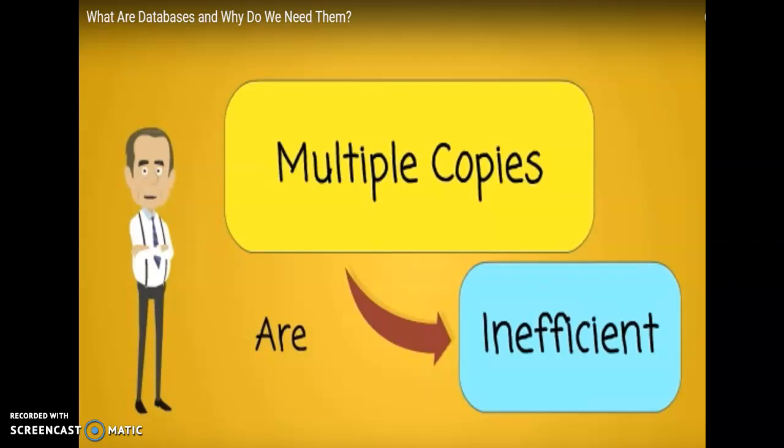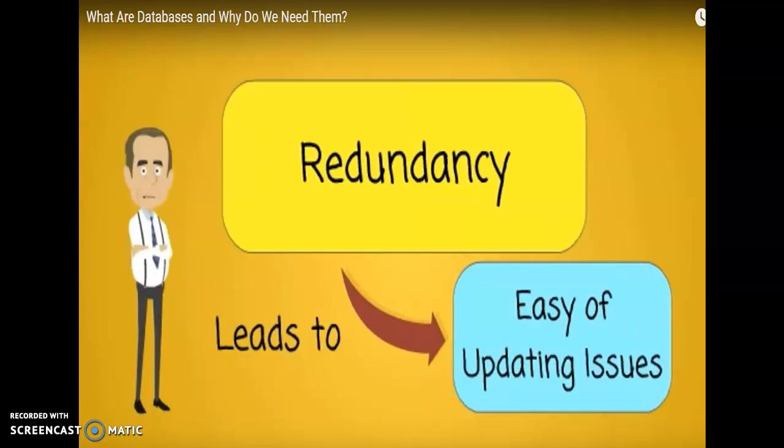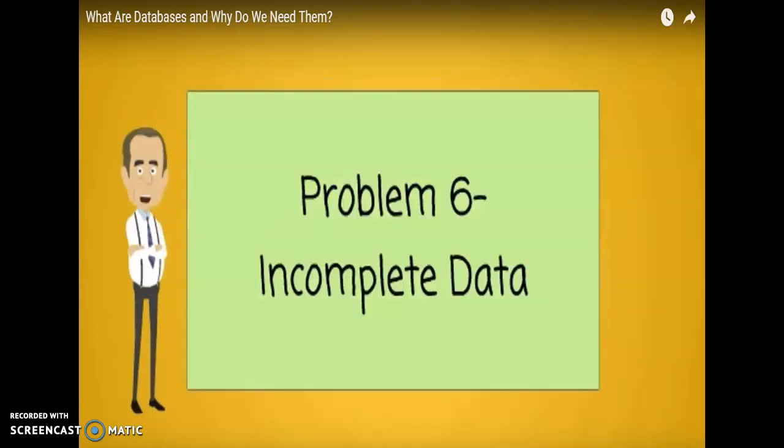Multiple copies are inefficient also. The redundancy problem leads to accuracy problems: the data won't be accurate, or inconsistent data will be there because of the duplicate data. Redundancy also leads to issues with ease of updating. The next problem is incomplete data.